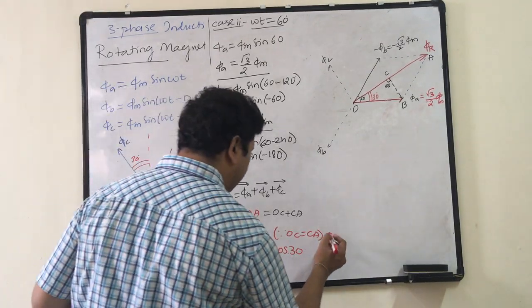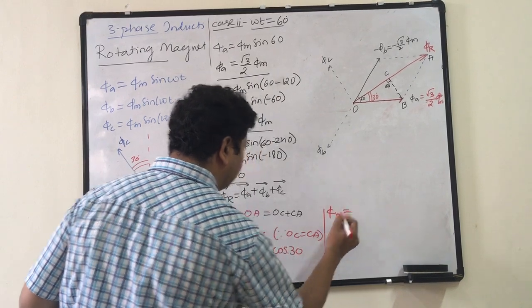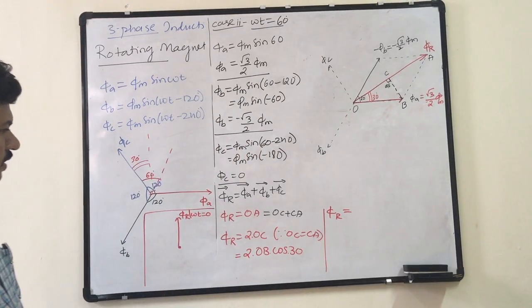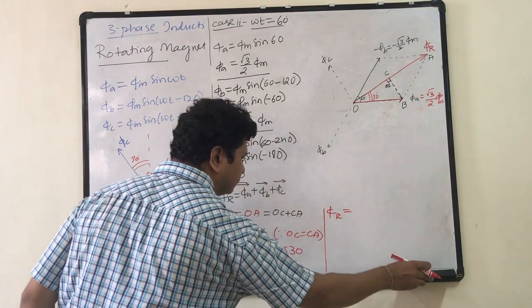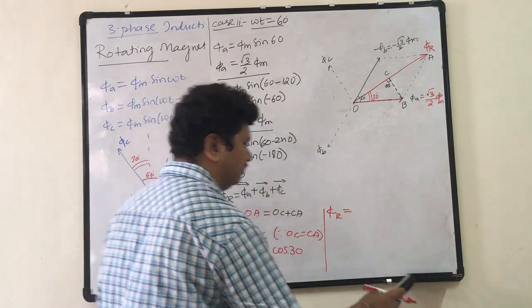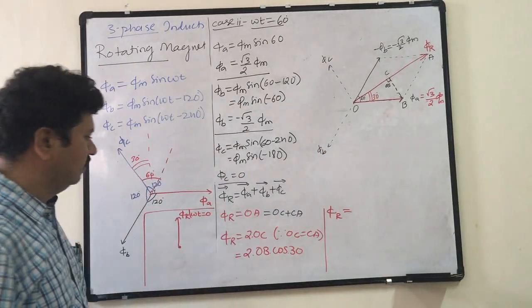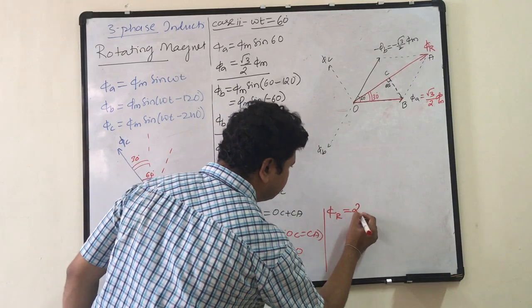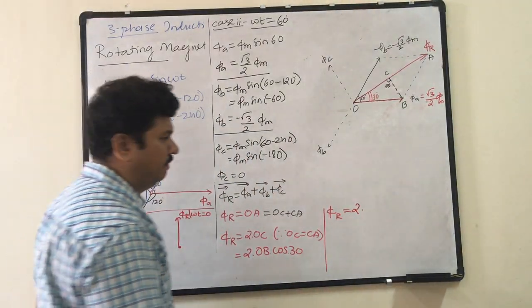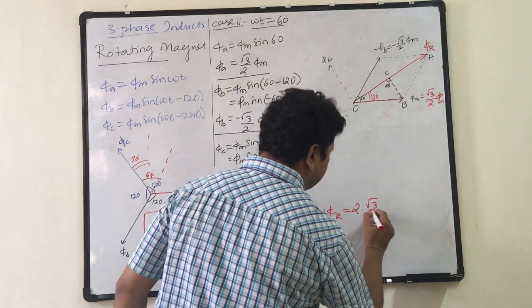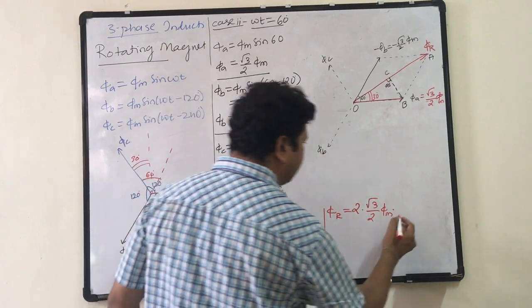So I will write here phi r is equal to 2 into OB, which is root 3 by 2 phi m, into cos 30, root 3 by 2.